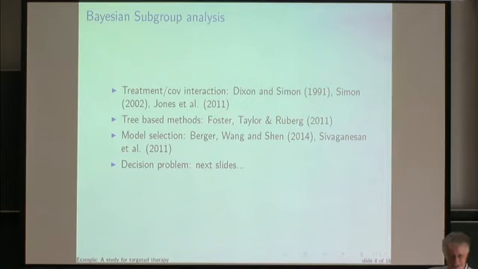That way you quickly get Mondrian paintings, yeah? And the boxes in that Mondrian painting, those are your subgroups then. There is some work by Foster, Taylor, and Ruberg, and I believe there's a 2012 paper, and a currently reviewed paper by Ruberg, Taylor, and others that goes further on that method.